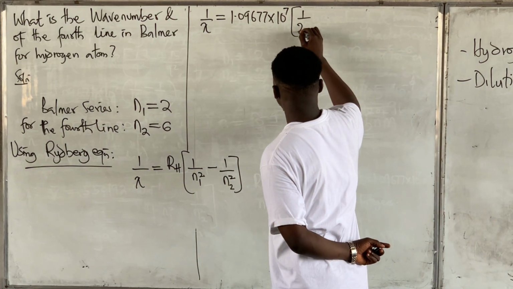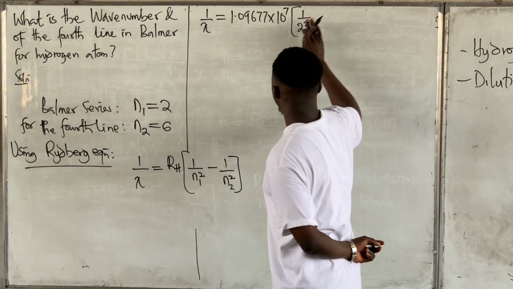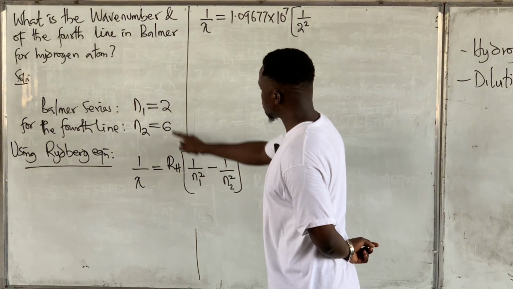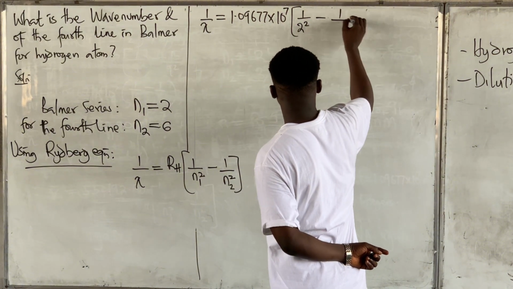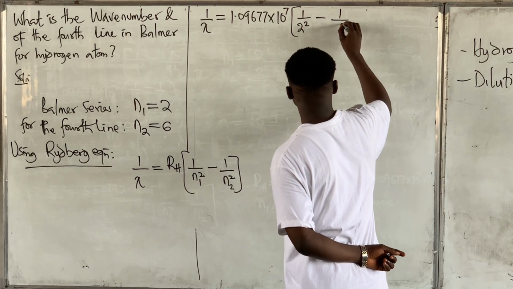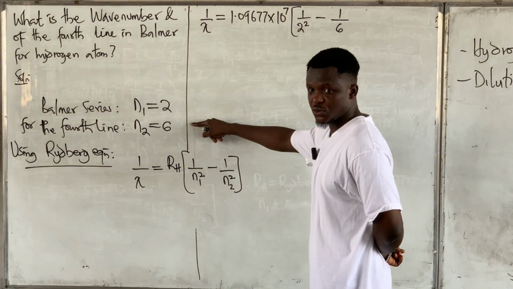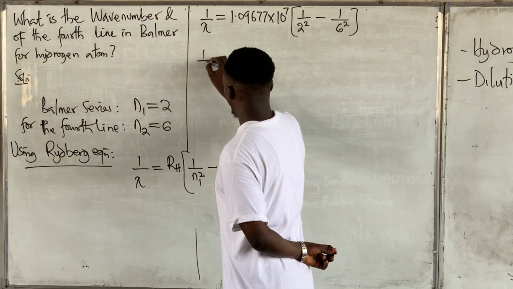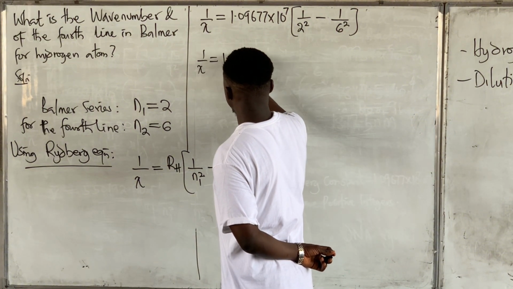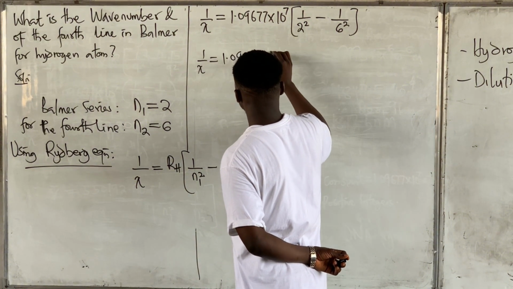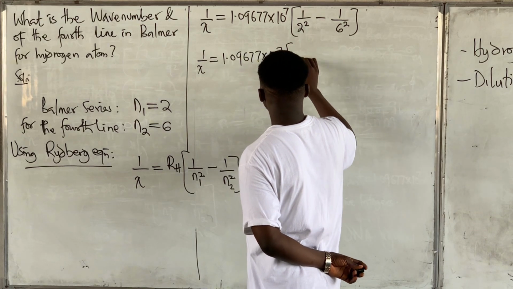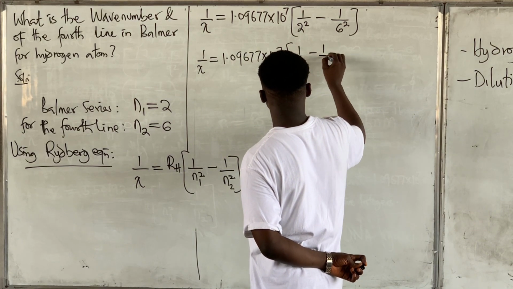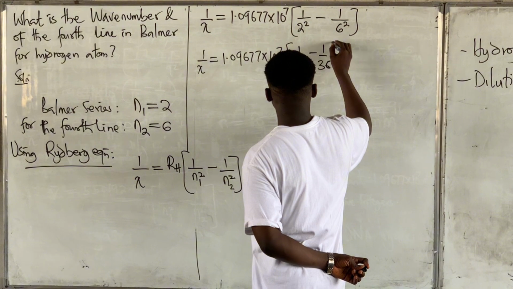N1 was 2, so this is 2 squared, minus 1 all over N2, which is 6. That is the fourth line, isn't it? You square this. So 1 over lambda equals 1.09677 times, class, 1 over 4 minus 1 over 36.